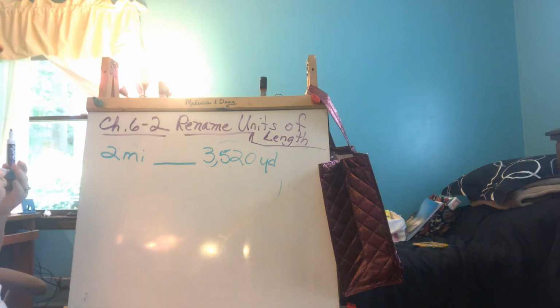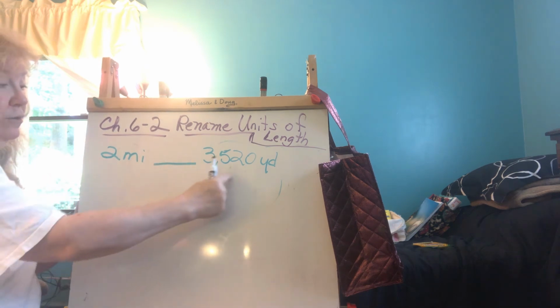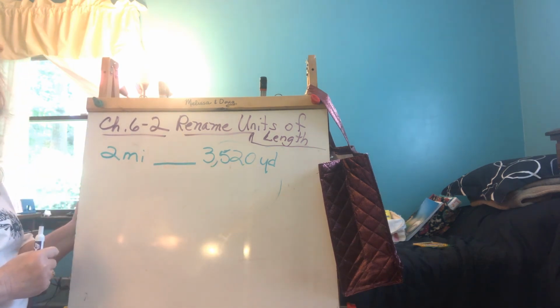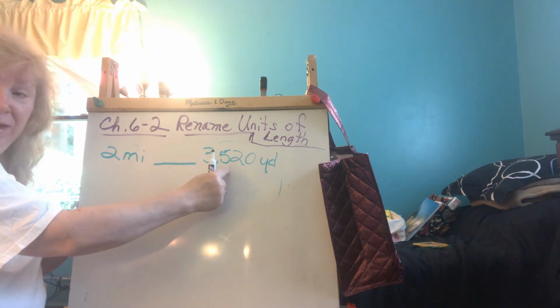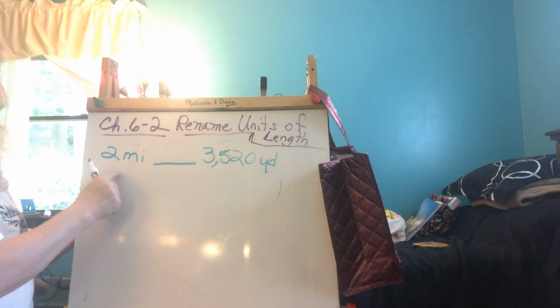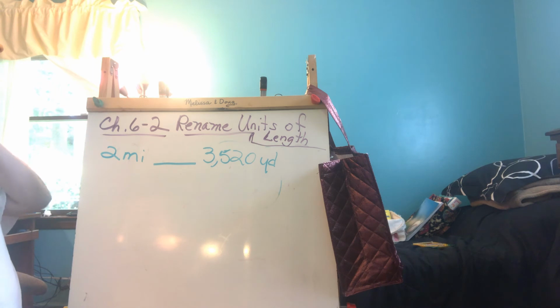Okay? That's what you're going to compare. And you have to tell me whether 2 miles is greater than 3,520 yards, if it's less than 3,520 yards, or if it's equal to each other.